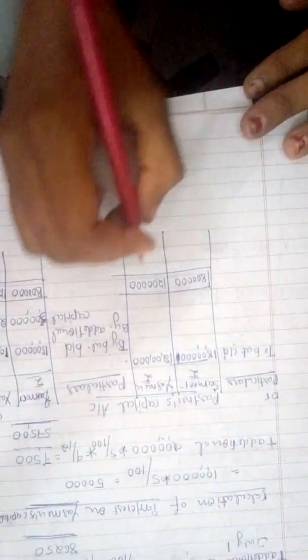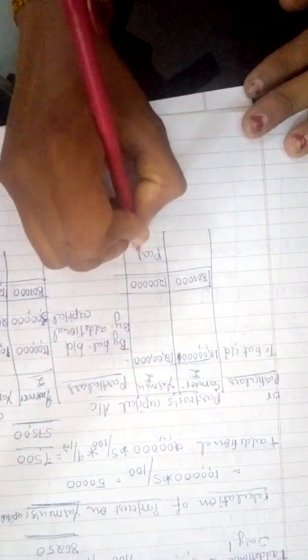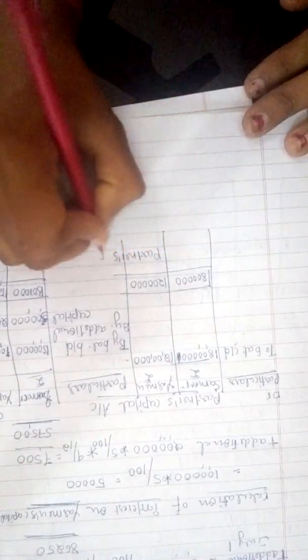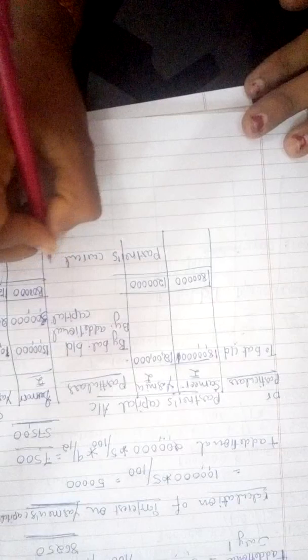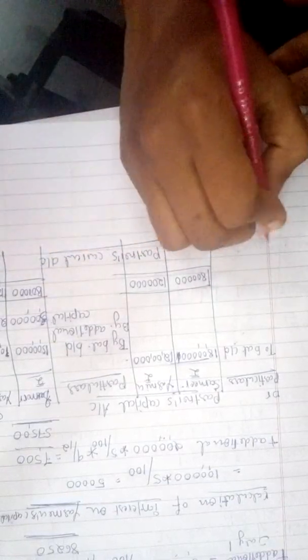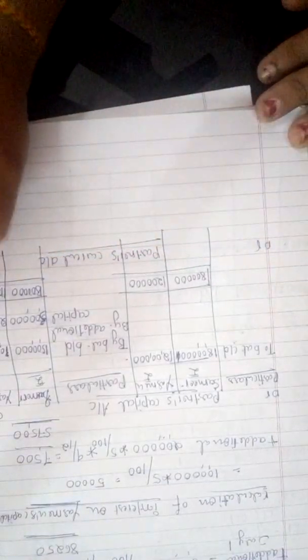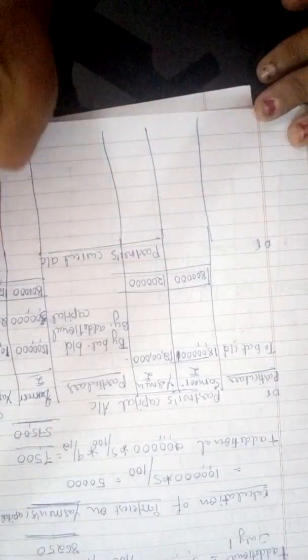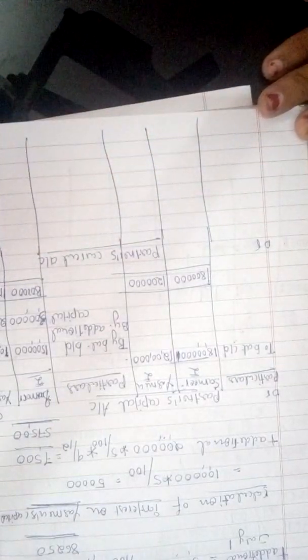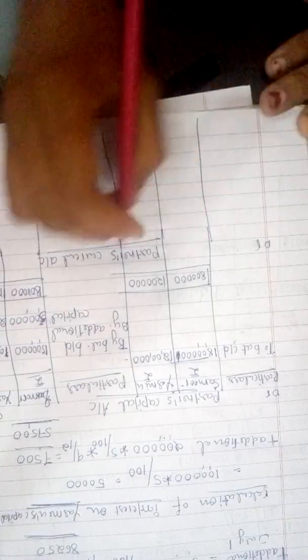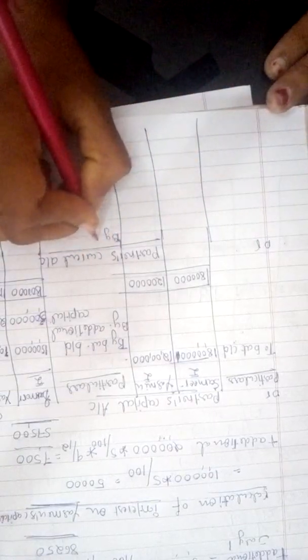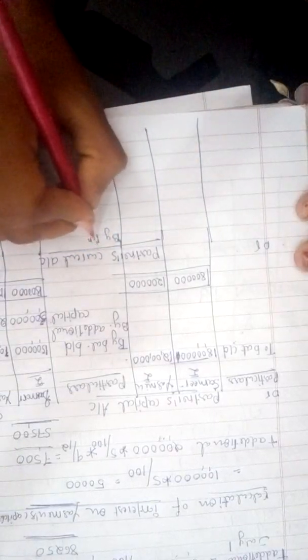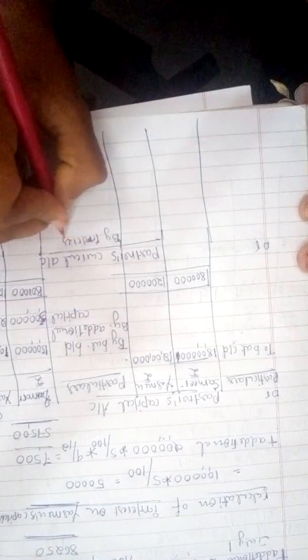Now what we need to do? We need to prepare the partner's current account. So here we are going to write all the adjustments whichever they have given, right? First one is what? They have given interest on capital, right? By interest on capital.